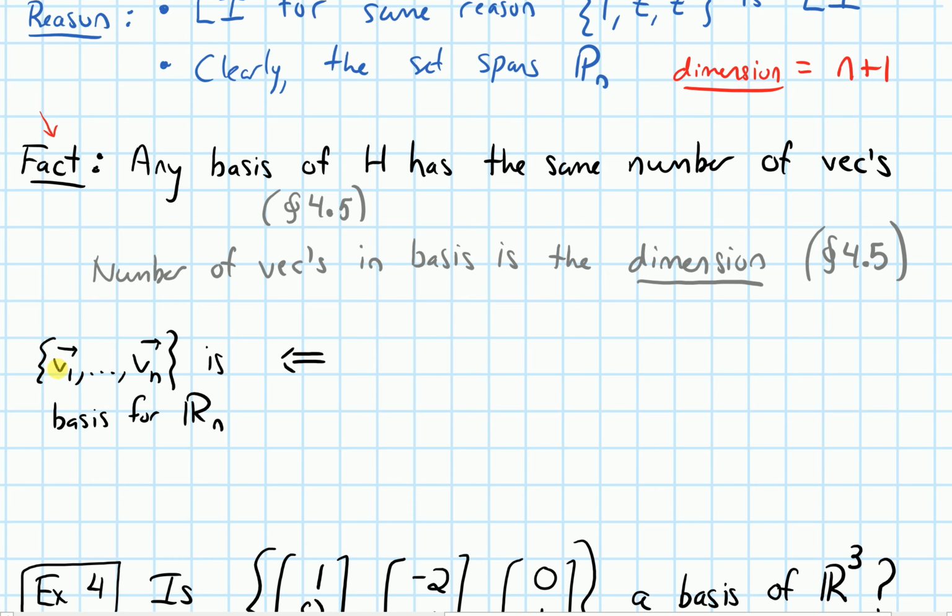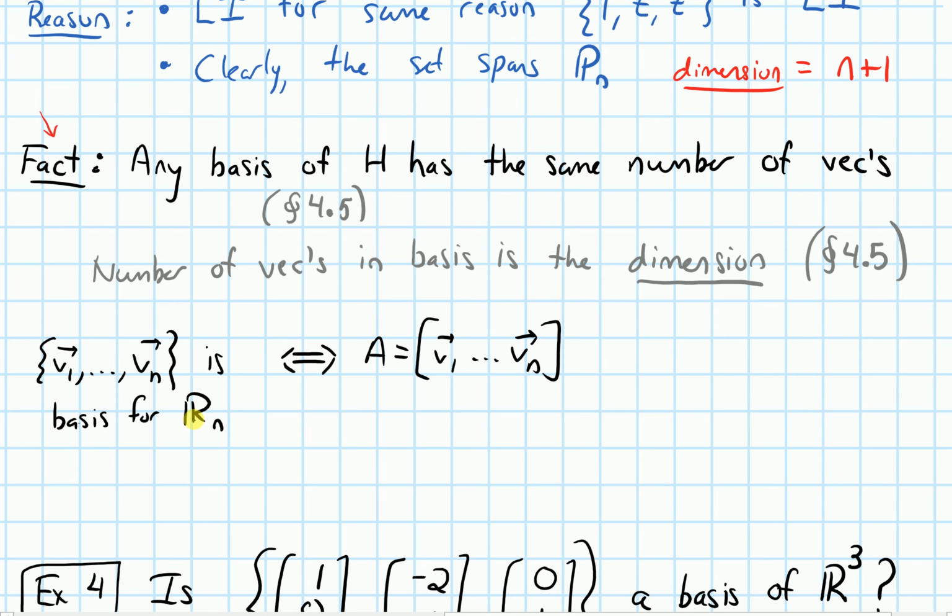So a set of vectors v1 up until vn is a basis for Rn, this we've seen before, if and only if... What does it take for a bunch of vectors to be a basis for Rn? Well, when I form the matrix that has those vectors as columns, v1 up until vn, to be a basis, they have to be linearly independent, and they have to span Rn.